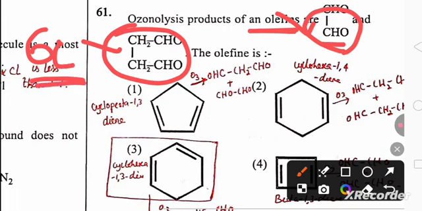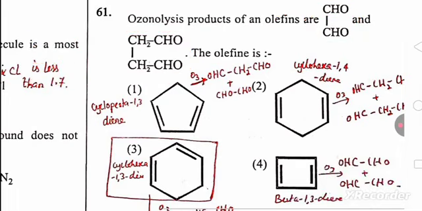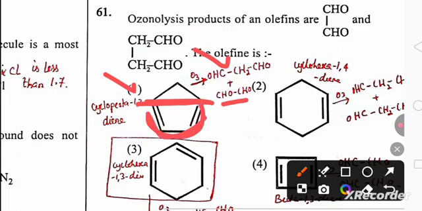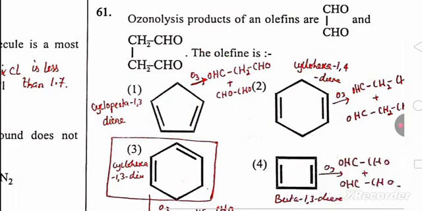Option 1 is cyclopenta-1,3-diene. When you do ozonolysis, wherever there is a double bond, it undergoes breakdown, to give a 3 carbon aldehyde, a 2 carbon aldehyde and a 3 carbon aldehyde. So these 2 aldehydes we do not have in our options.